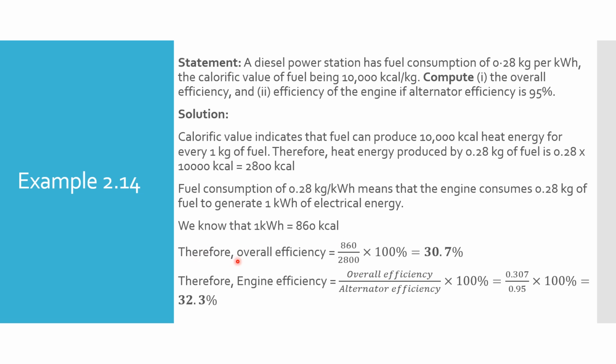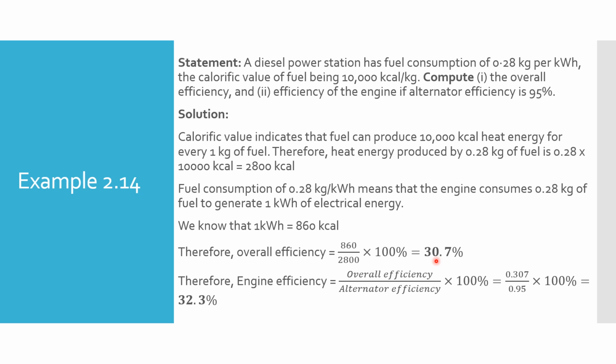So the overall efficiency of the plant can be found by taking the ratio of the heat equivalent of the output electrical energy, that is 860 kilocalories for 1 kilowatt hour, divided by the heat released during combustion, which is 2,800 kilocalories, and multiplied by 100. So you get an overall efficiency of 30.7%.